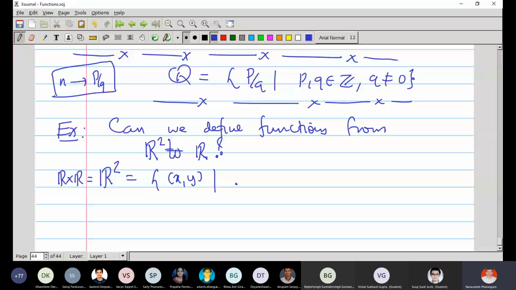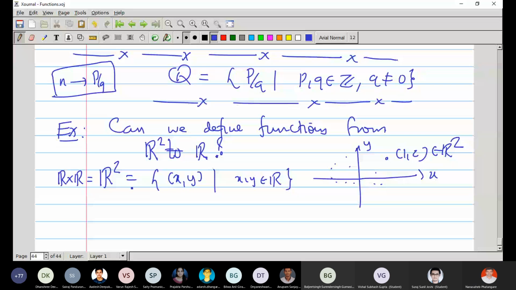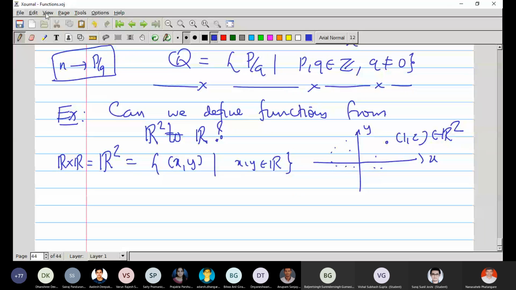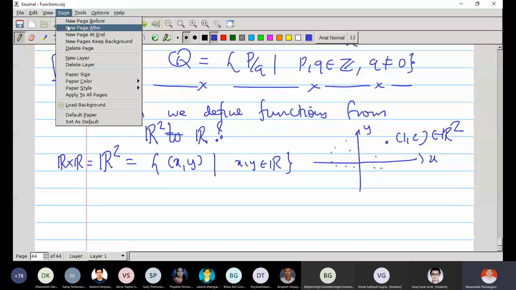Pairs, right? And how do we identify these elements? The XY plane. So for example, 1 comma 2 is here, so this is a member of R2. All points in the plane is the set R2, correct?